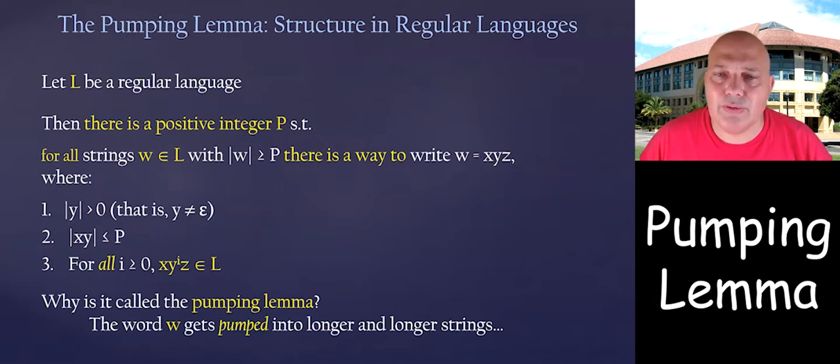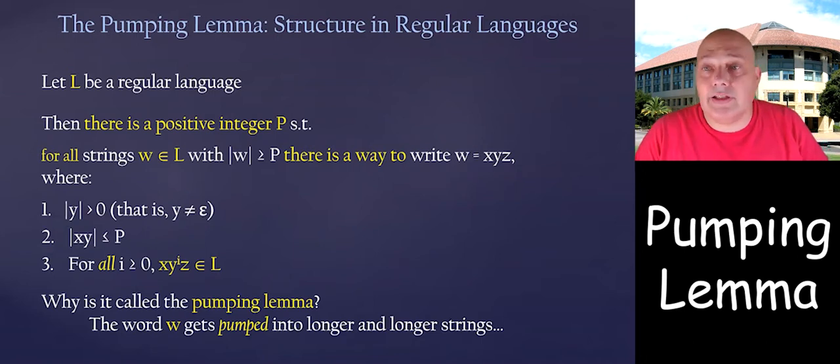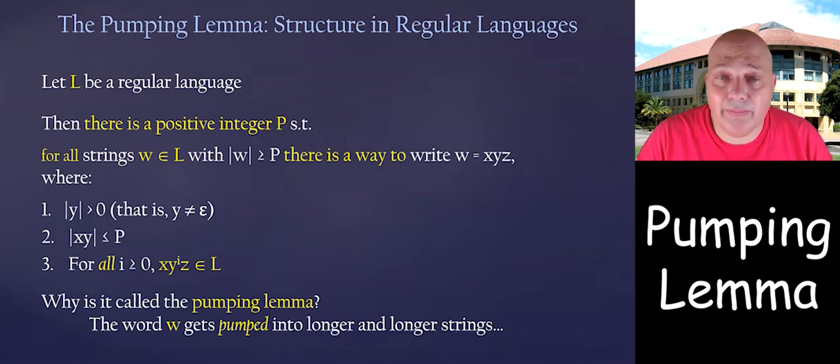So W gets pumped into longer and longer strings. But again, it can also be reduced in size by taking i equals 0. And this can be useful in particular exercises.